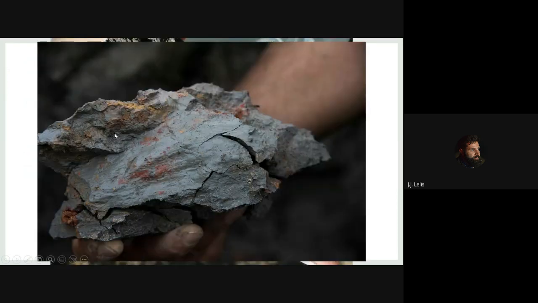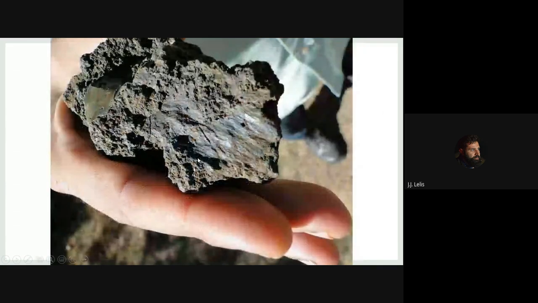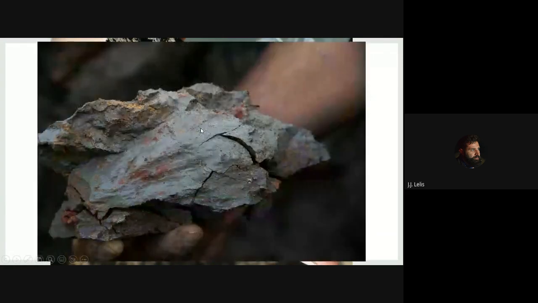Slickensides are these shiny surfaces, like these ones. So it should possess stress features or slickensides.